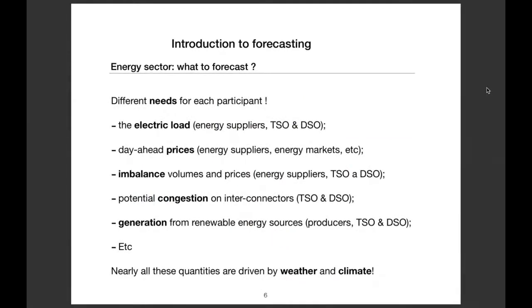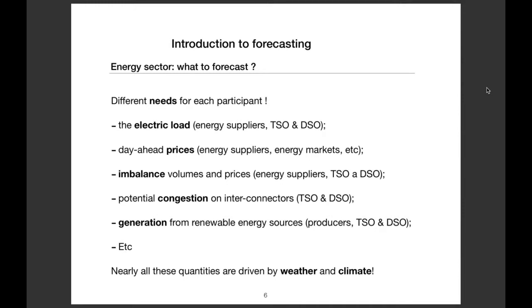In fact, each participant will have a different need in terms of forecasting. For instance, the energy suppliers or the TSO or DSO like to have electric load forecasts because they want to know in advance what the consumption will be. If they know in advance the consumption, it's easier for them to supply their clients or consumers.